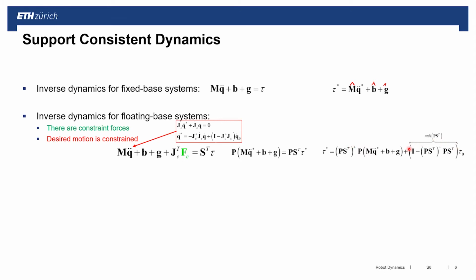So we usually write this null space projector here with identity minus pseudo inversion of it times the P S one. What you do in reality is you have a numerical toolbox that does this null space calculation for you in a more elegant, numerically more stable way.